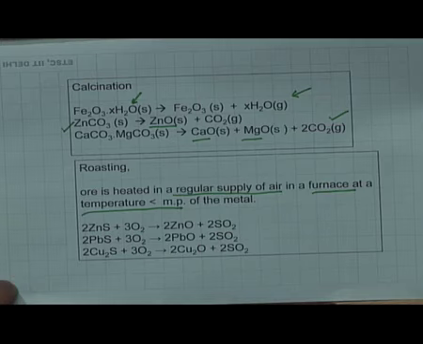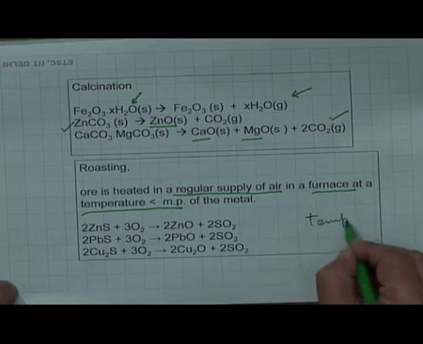Non-stoichiometric oxides will be formed and their reduction will be extremely difficult, or in other words impossible. So, it is very important that the temperature when the ore is heated in a regular supply of air is kept below the melting point of the metal. This means that for every sulphide the temperature will be different.